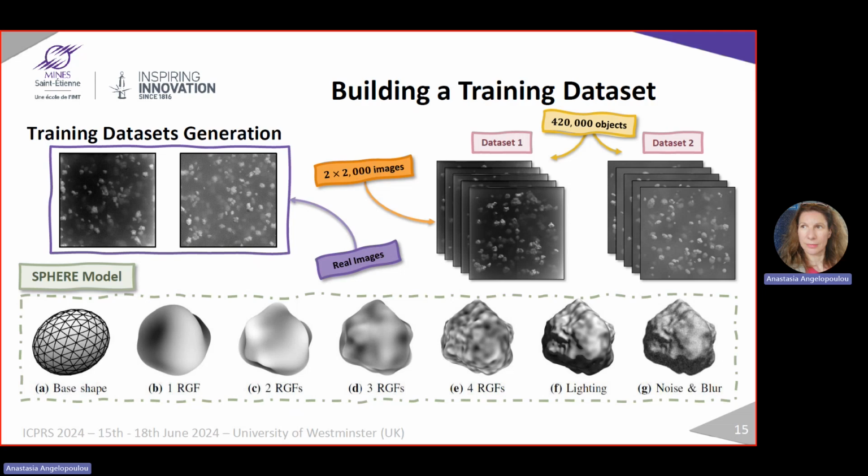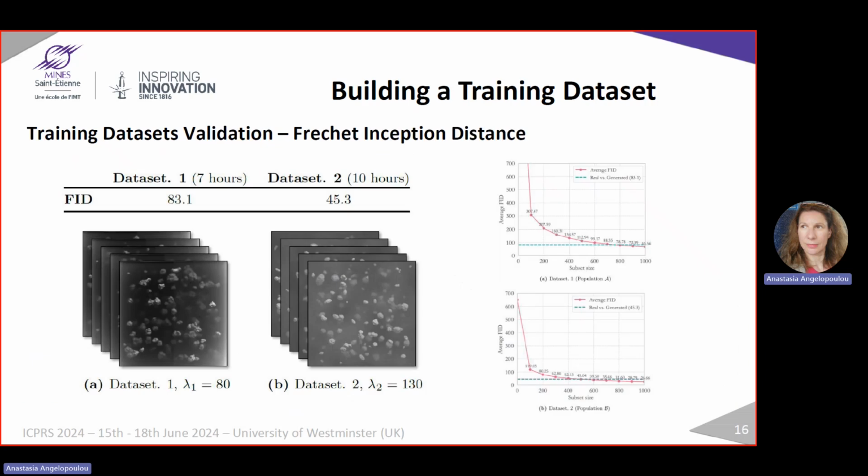So we computed what we call the Fréchet inception distance. Maybe you're not all familiar with the FID. It's a distance that was widely used when the GAN architecture was first introduced. It tells you basically if an image looks like another one in terms of human vision.